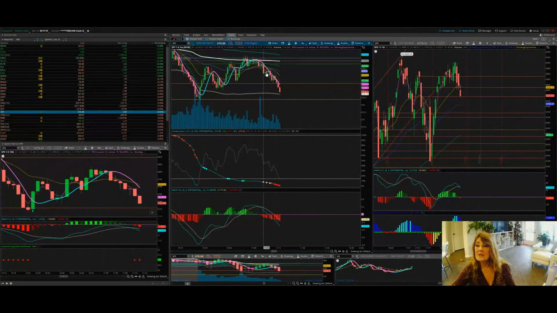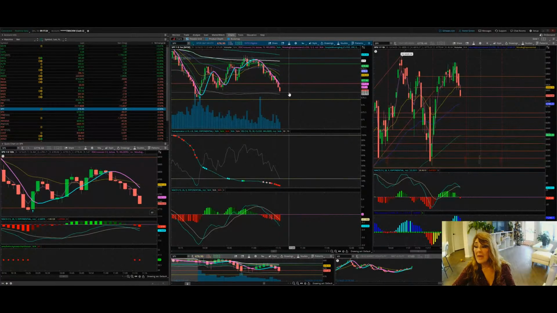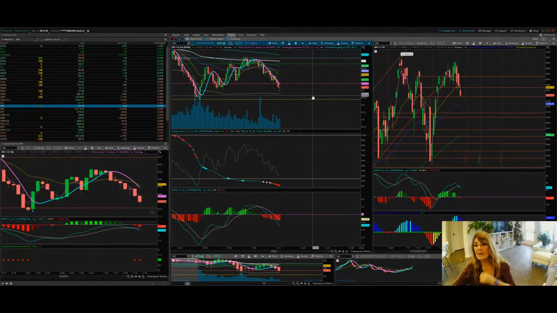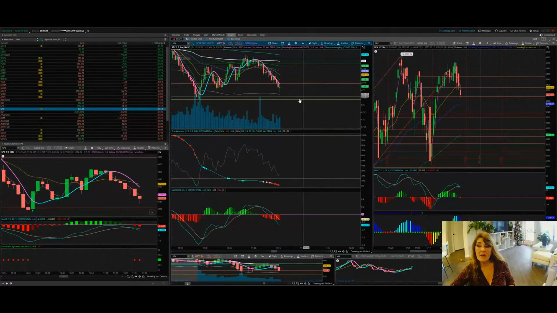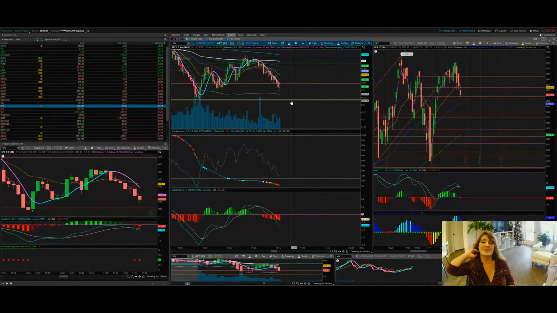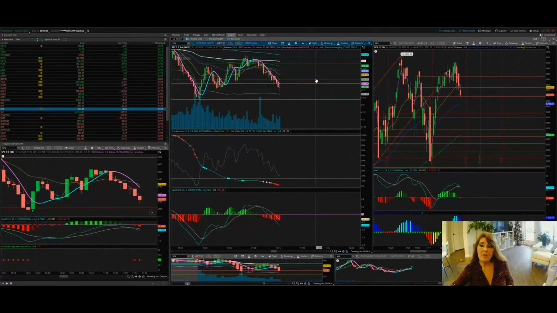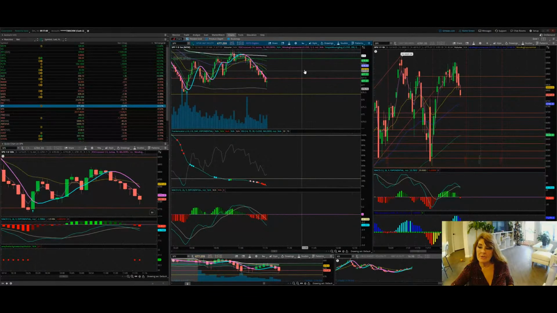Now, sometimes in a move that's going to keep going, what we can do is take a small trade, something out of the money, something small that kind of captures if this thing continues to dump. Now, I don't know that it's going to continue to dump, so I wouldn't take that trade right now. But I'm going to give this time to play out. We will eventually get a little bounce up, and I'll be watching for that.